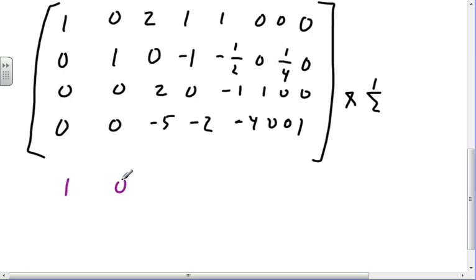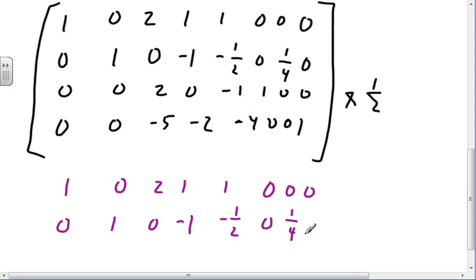1, 0, 2, 1, 1, 0, 0, 0. 0, 1, 0, minus 1, minus 1/2, 0, 1/4. How did that get to be 1/4?